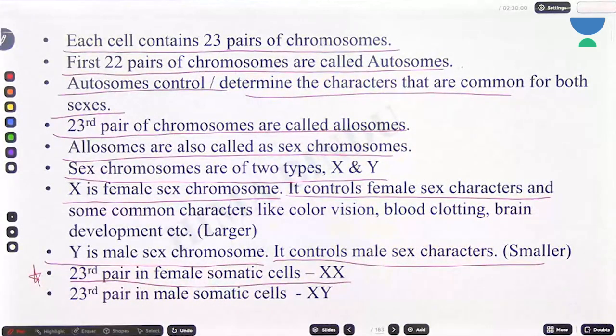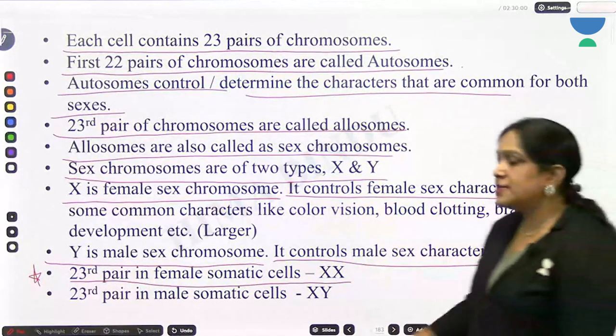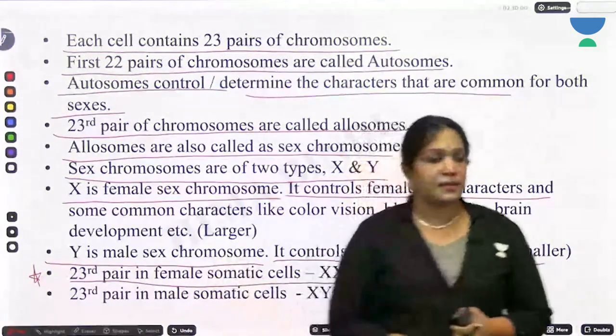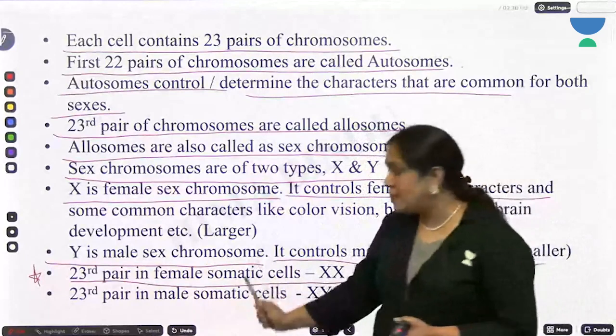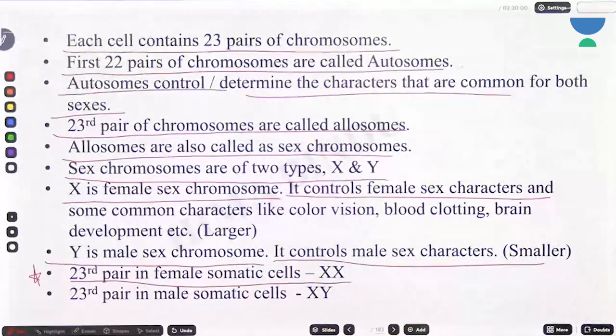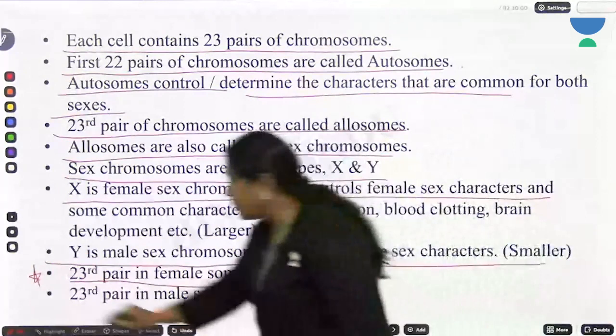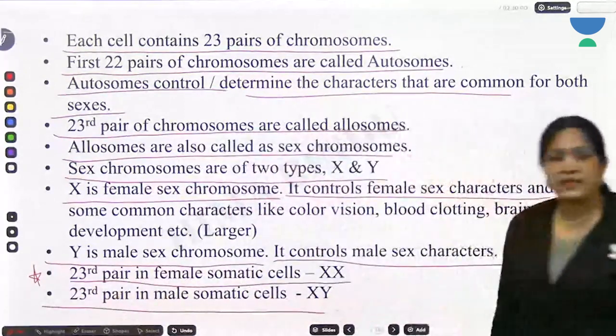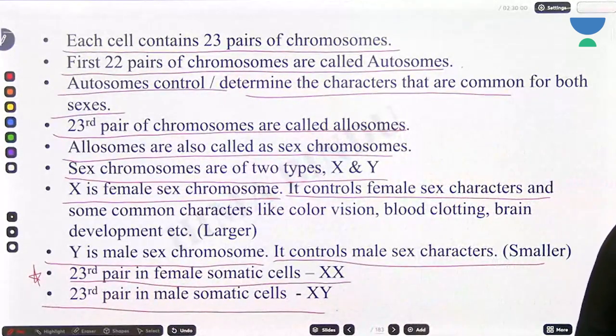Use that word also once. Now the topic is not about germ cells. Now the topic is about somatic cells. Every somatic cell will have 23 pairs of chromosomes, and that 23rd pair in females is XX.